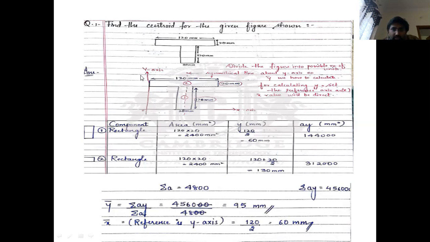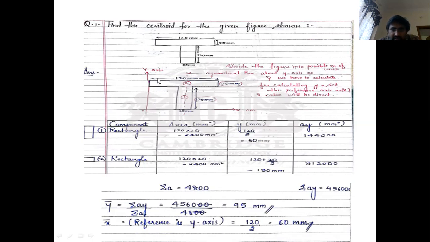Because if you look at this vertical Y axis, you will get the symmetrical axis. If you cut this figure, you will get exactly two equal parts where your right hand side exactly coincides with your left hand side. This red dotted line indicates your symmetrical axis. What is the distance of the symmetrical axis?